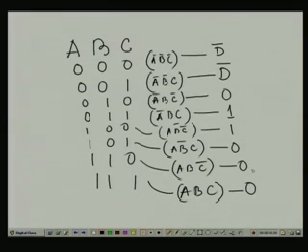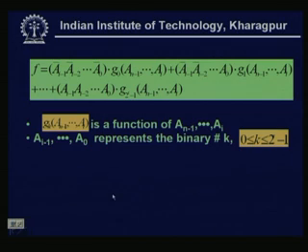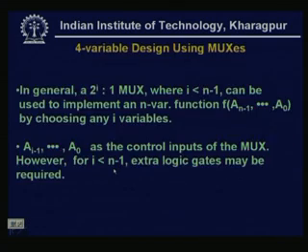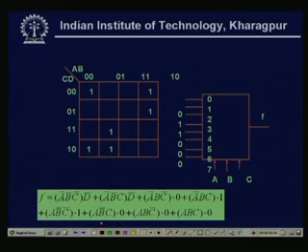That means, if I draw that circuit, what will be the thing: these will be D bar, these will be my D bar, and D bar 0 1 1 0 0 0.